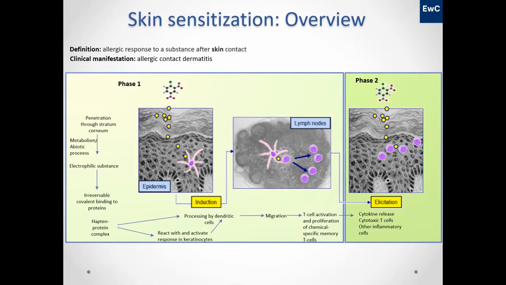During the first phase, you have the penetration of the sensitizer through the stratum corneum, possible metabolism, formation of an electrophilic substance, irreversible binding to proteins, and finally formation of a hapten-protein complex. This can be presented either by the dendritic cells or the active response in keratinocytes to the lymph nodes, where it would trigger T cell activation, proliferation of T memory cells, and eventually secretion of inflammatory responses, cytokine release, and cytotoxic T cells.